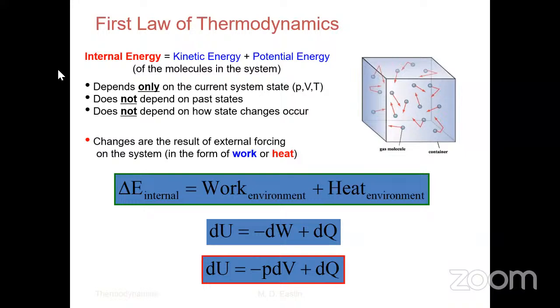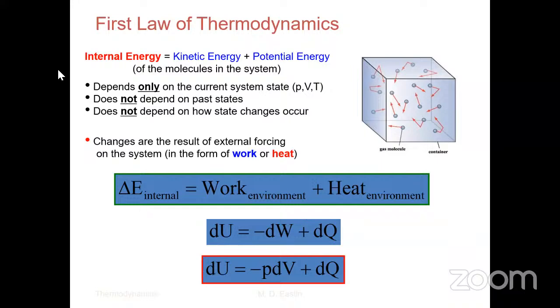So changes are the result of external forcing on the system, in the form of work and heat. I told you in the previous lecture that you can relate energy, work and heat. So the change in internal energy ΔE is equal to work plus heat. dU is minus dW plus dQ. Why minus?